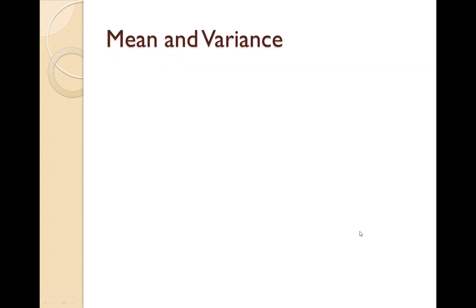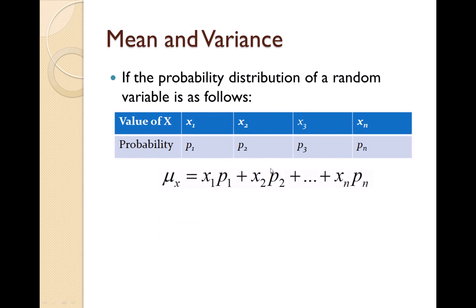All right, mean and variance. If you're given this probability distribution, to get the mean or the expected value, you just take the values for your random variable and multiply each by its associated probability, and you keep doing that and add them up and you get your expected count.